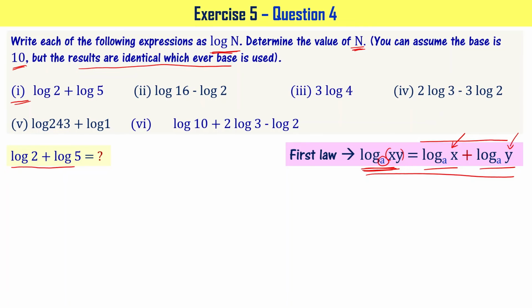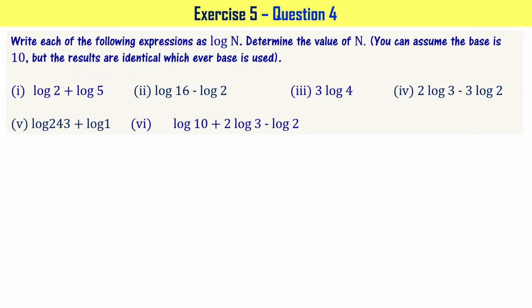It means when I write it as a single logarithm, it is going to be log of 2 times 5. Got it? So I can write this as log 10. Log 2 plus log 5 equal to log 10. Of course, you can have base 10 in all these cases if you want.